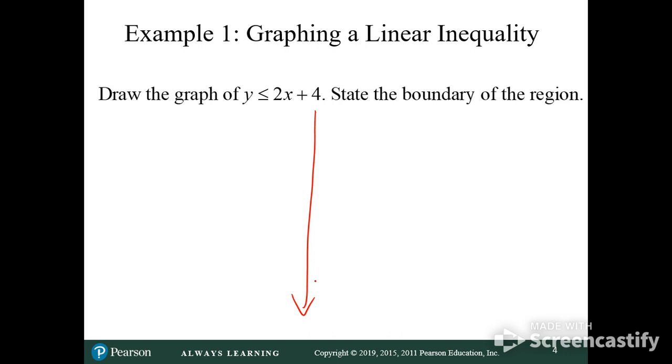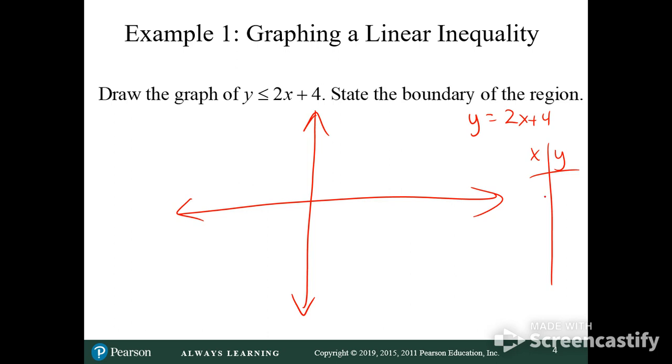So here's a graph. So I'm going to graph y equals 2x plus 4. Some of the points of that are like (0, 4), (1, 6), and (2, 8).